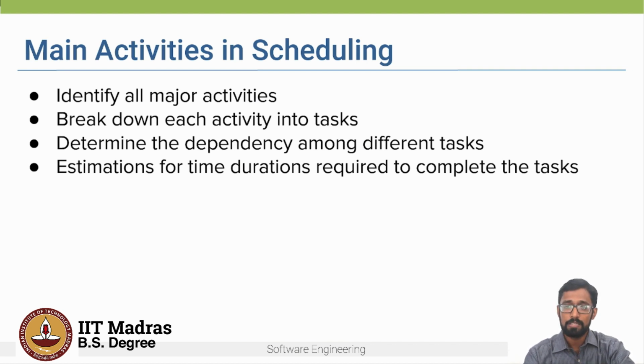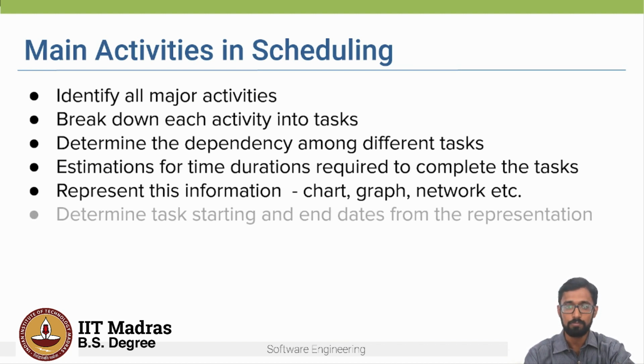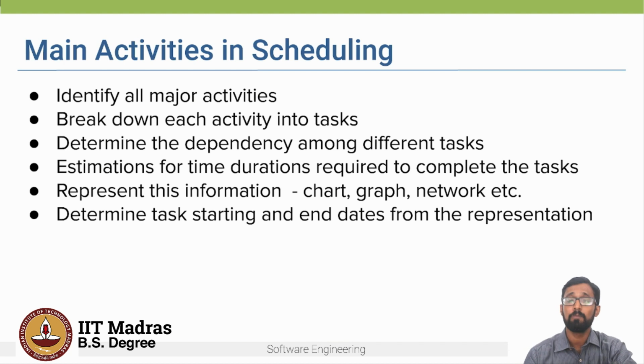Having these dependencies and time durations, now we have to represent this information so that all members in the team will be aware of these dependencies and time durations. We'll be looking at some representations in this video. Then we go more concrete and think about the start dates and the end dates for each of these tasks.